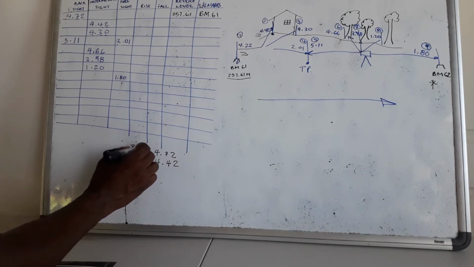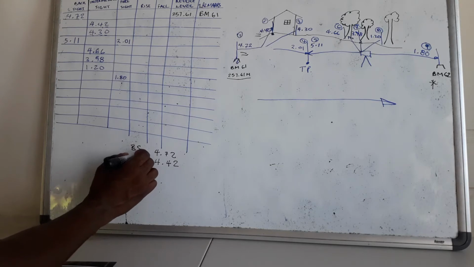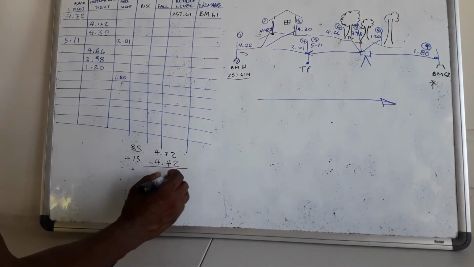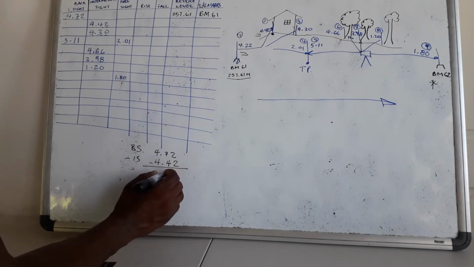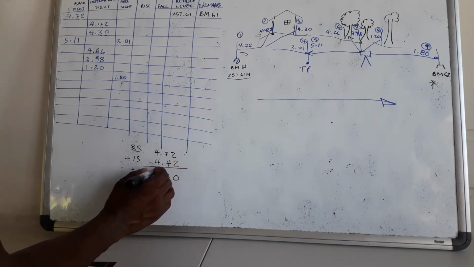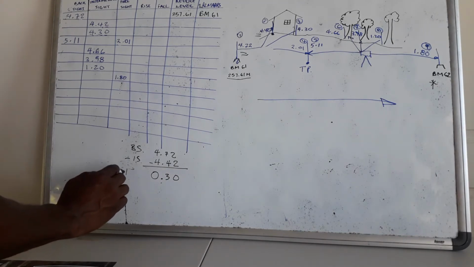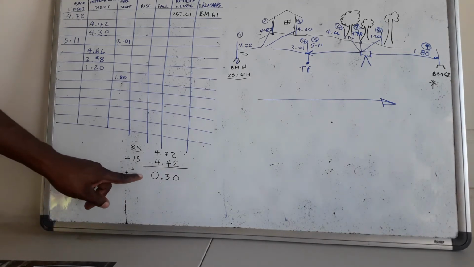So backsight minus intermediate sight reading gives us 0.30, and that's a positive.